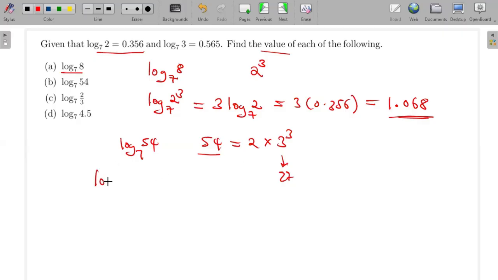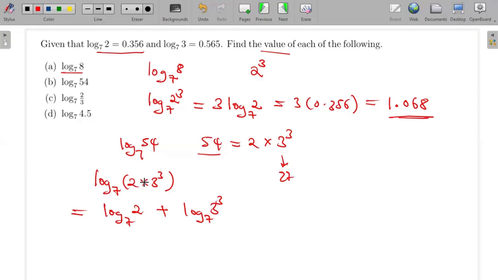So if I replace here, I'll have log base 7 of 2 multiplied by 3 to the power 3. Okay, and this now, again, the laws of logarithms, which we looked at in the previous class. Those laws are telling us that if we are multiplying two terms like this, you can separate them by an addition sign. So this is going to be equal to log base 7 of 2, plus log base 7 of 3 to the power 3.